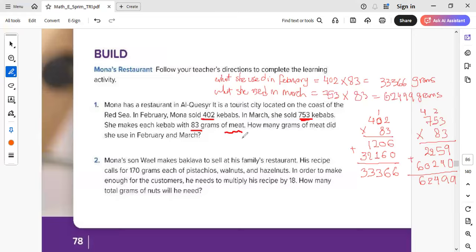So we need to find how many grams of meat she used in February and March. Okay, so we have to add them. We can clear this, and add the two amounts.